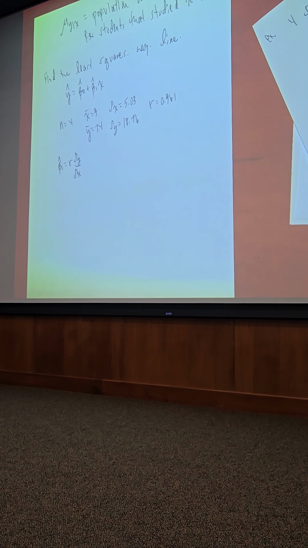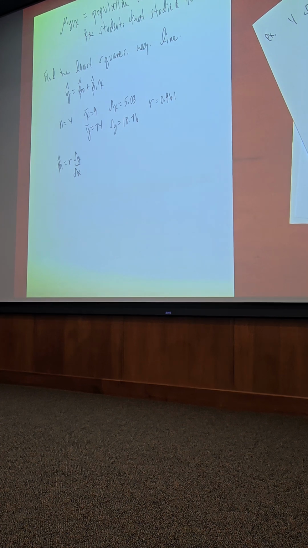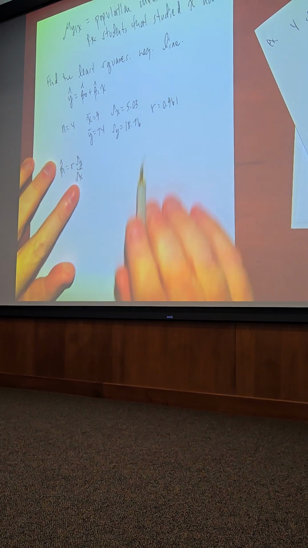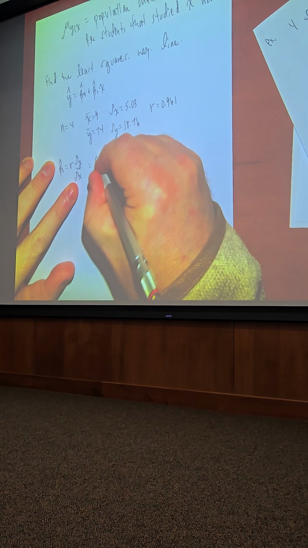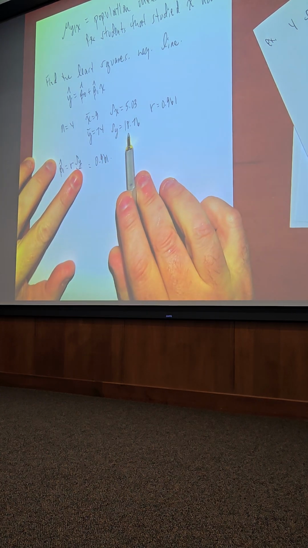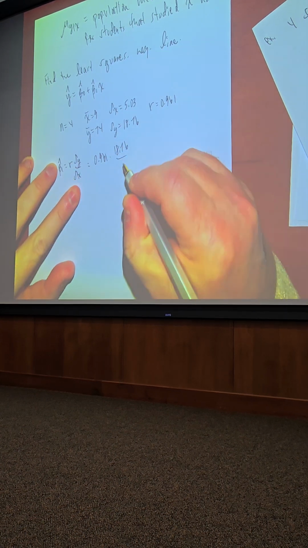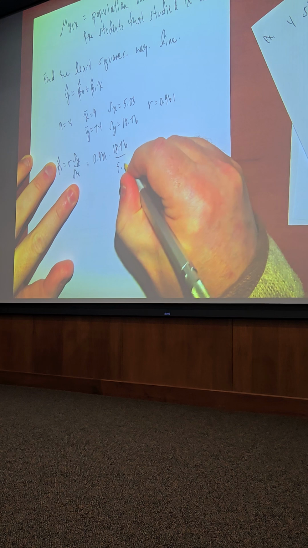Okay? So, can I find the slope with what we found earlier? Yeah, totally, right? So let's find the slope. So you take the correlation, which is 0.961, times the standard deviation of the y values, which is 18.76, over the standard deviation of the x values, which is 5.03.